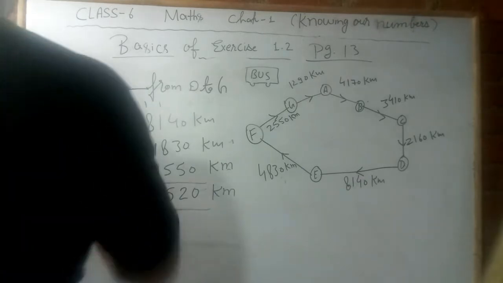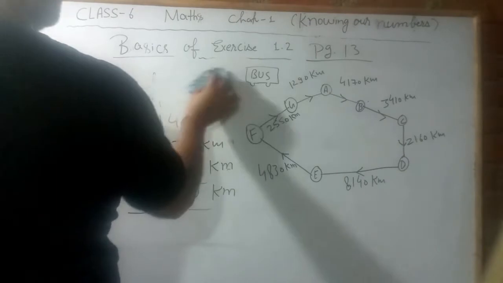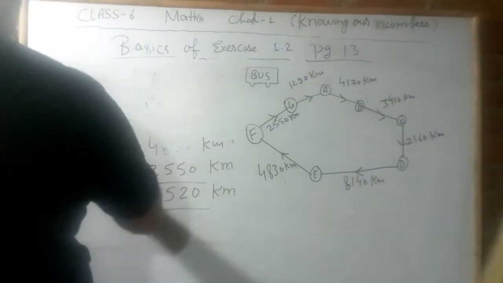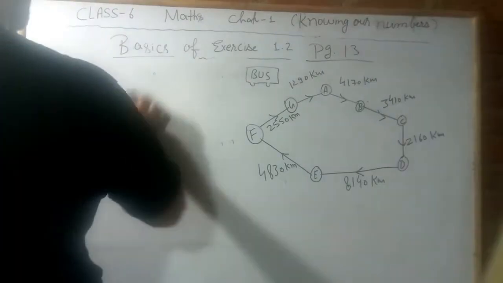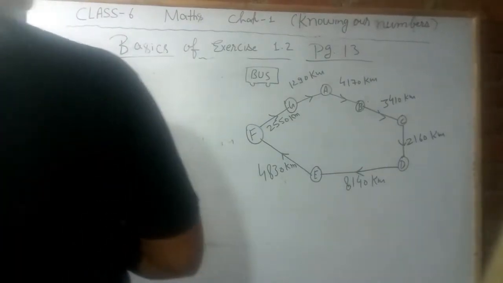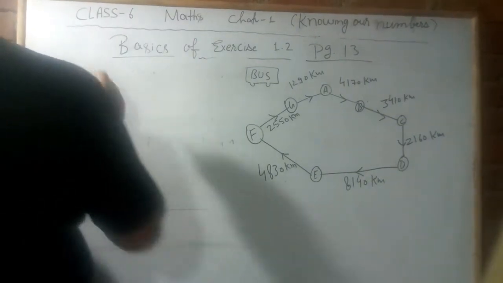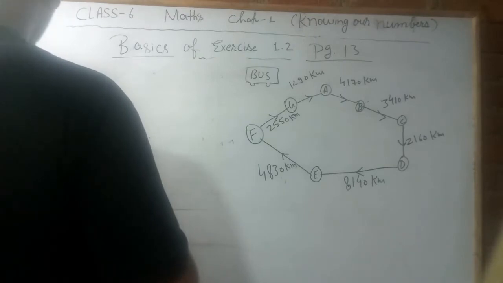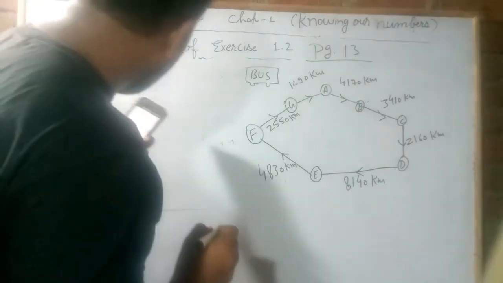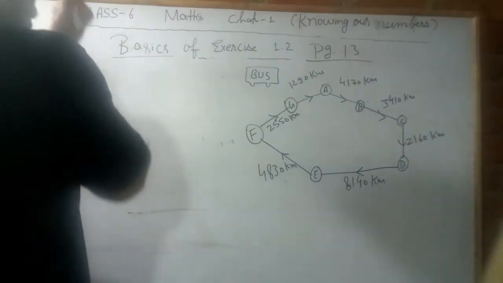Now next, part C. Find the total distance covered by the bus if it starts from A and returns back to A. So what do we have to find?